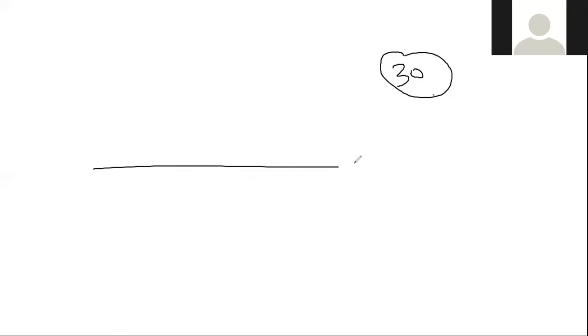Let's say I have 30 members in the class. I'm going to measure the average height, right? The actual average height is somewhere there, out of these 30 members.